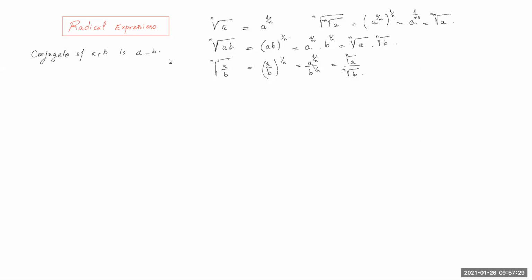When you use it as a factor multiplying, something happens: you eliminate the root, the radical.